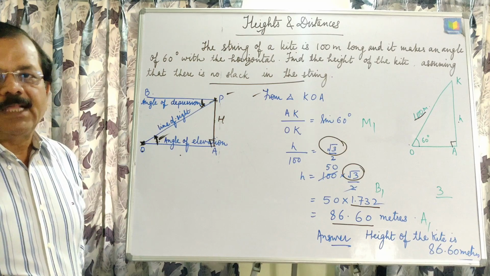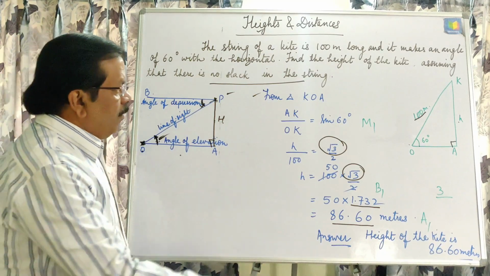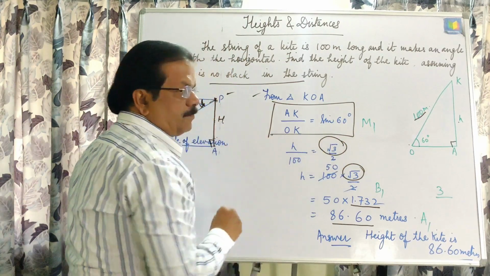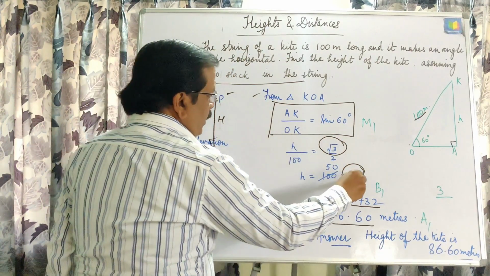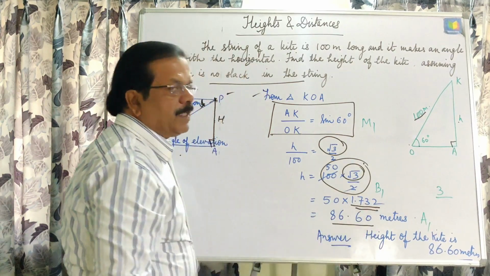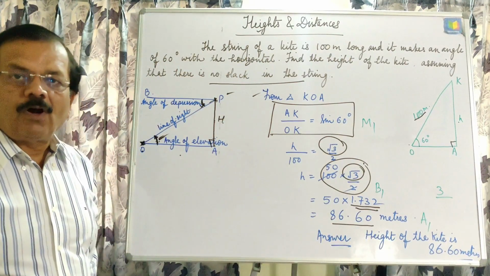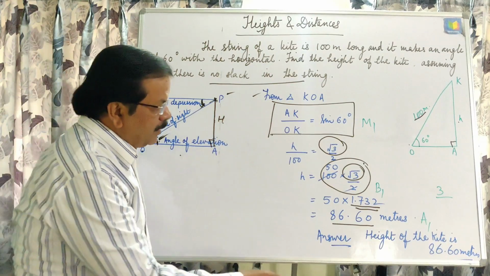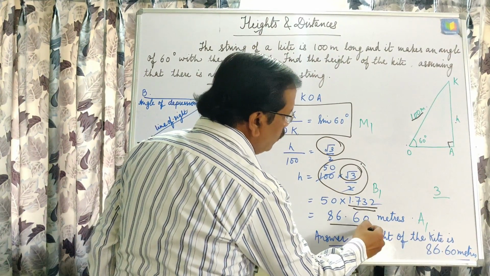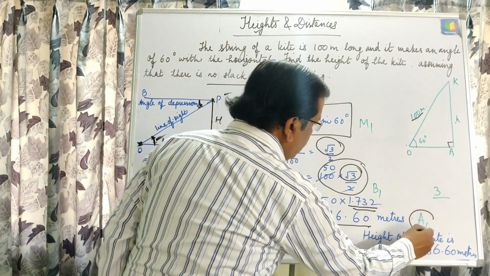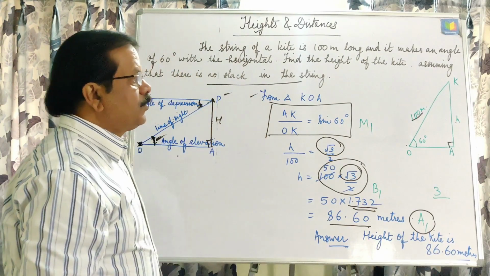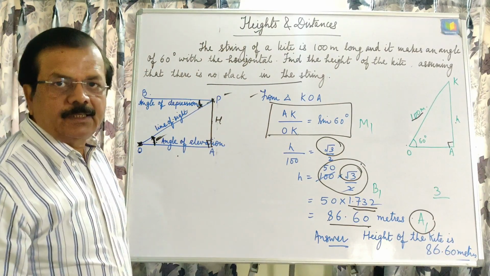As far as the marking scheme is concerned, one method mark will be given on this ratio, and the second one for the calculation, which involves 3 places of decimal for the value of root 3, and ultimately the final answer 86.60, and an answer mark will be given on this. This way the 3 marks question is divided in the solution.